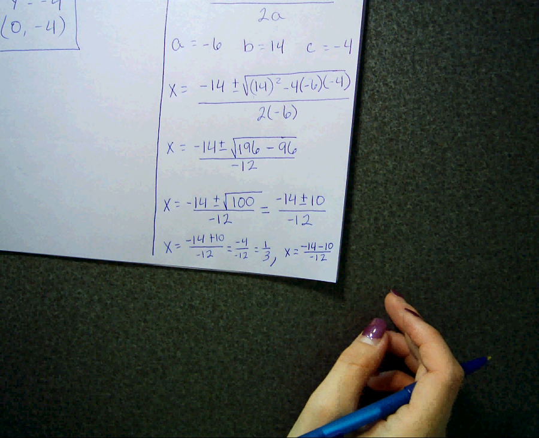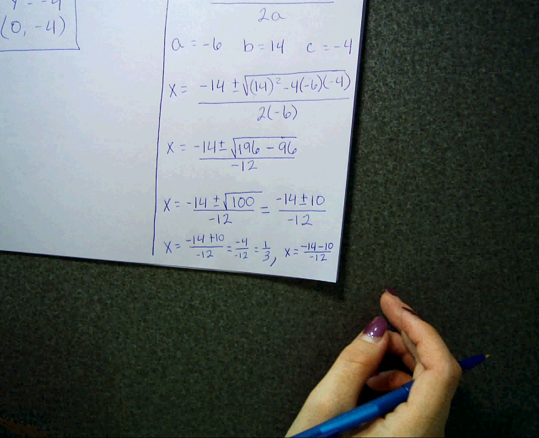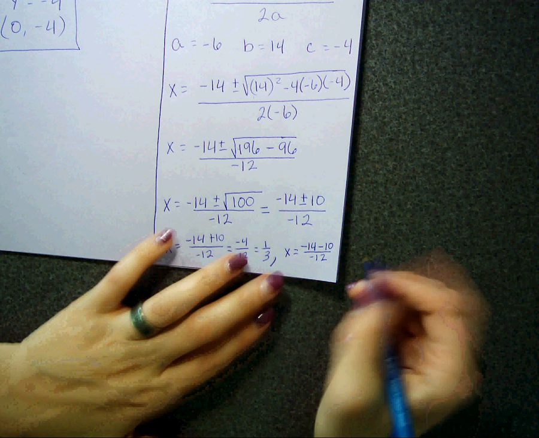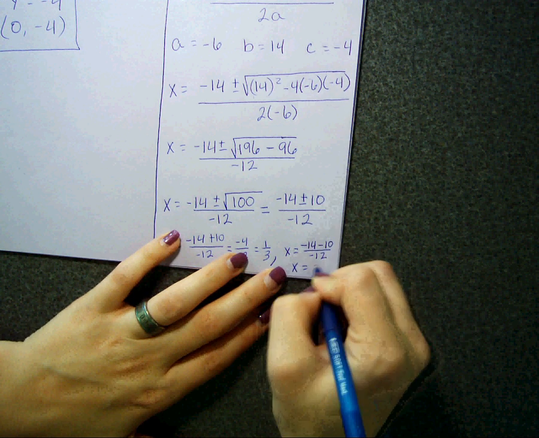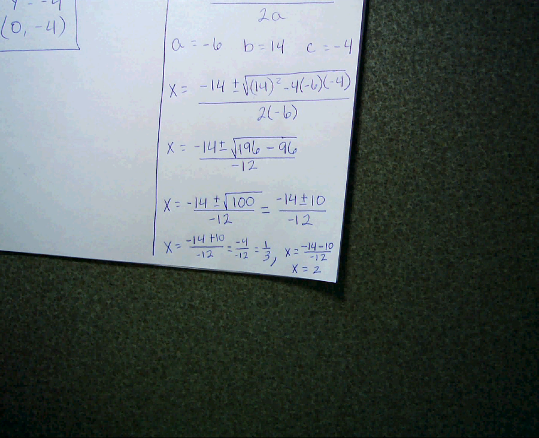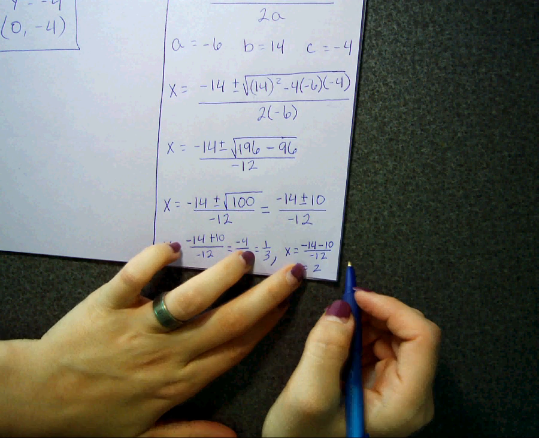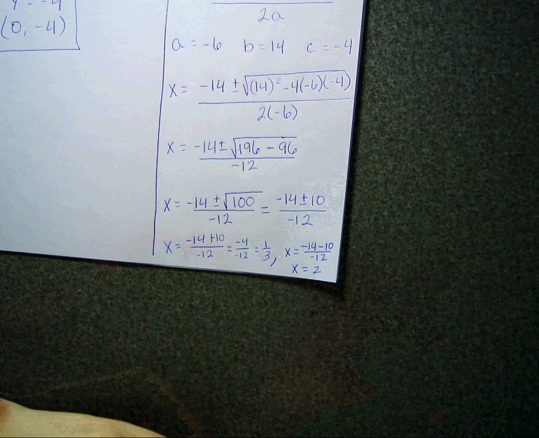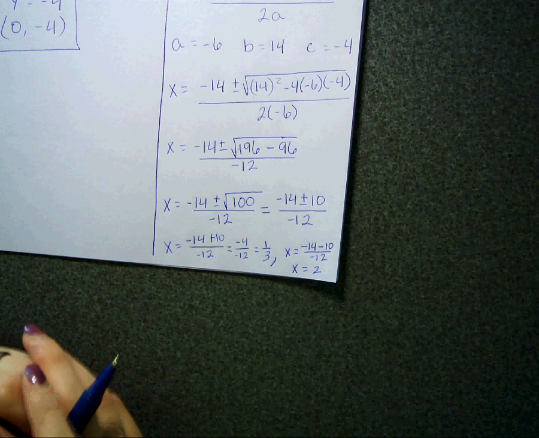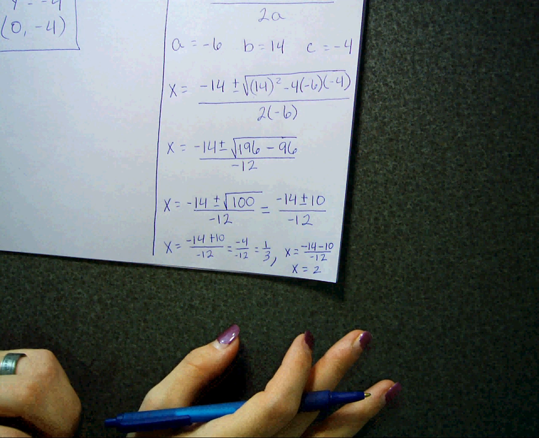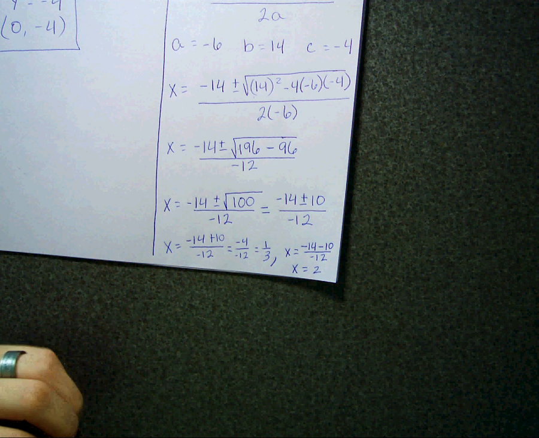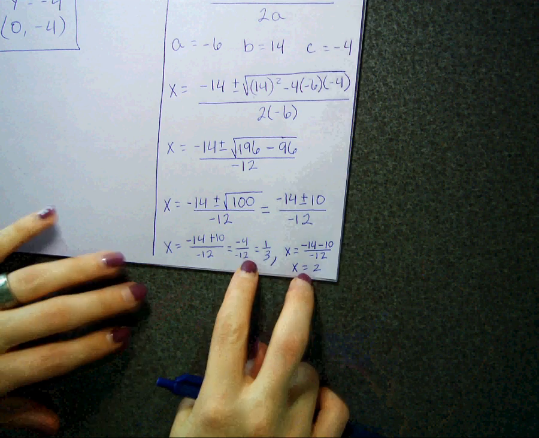Negative 24 divided by negative 12. Negative divided by negative gives me a positive. 24 divided by 12 gives me 2. So I get x is equal to 2. Is it negative 2? Positive 2. Yeah. We good? Did I do that right? I did. Okay. So I have my two x-intercepts and my y-intercept.